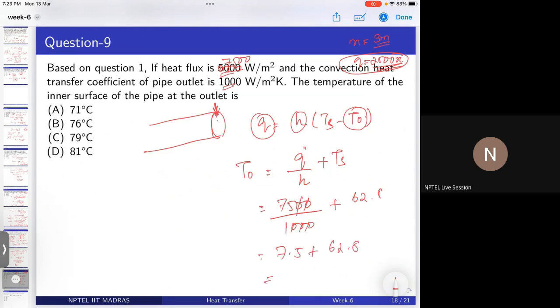What is the answer? 80.3. 80 or 70.3. 70.3 degrees Celsius. Okay.